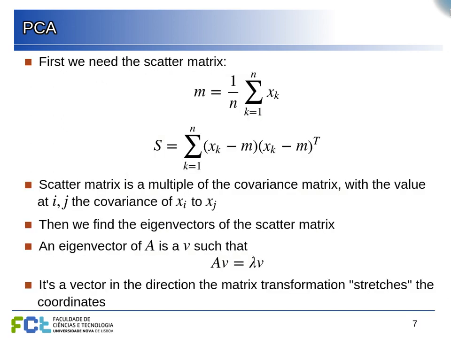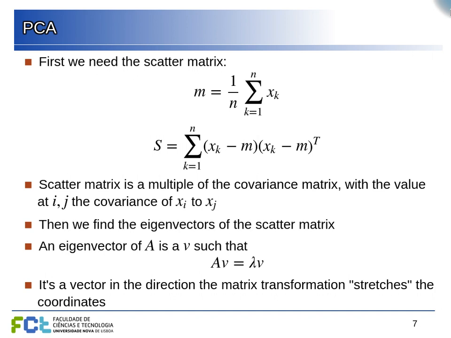And I'm going to explain briefly how we can do principal component analysis. In practice, you can use the PCA class in scikit-learn. But the idea is that we're going to find the central point of all our data cloud, of all our examples. And now we're going to build this scatter matrix. The scatter matrix is equivalent to the covariance matrix, but without normalization.